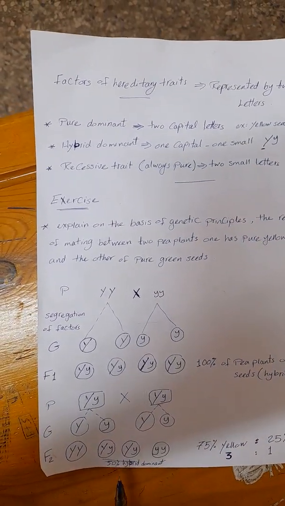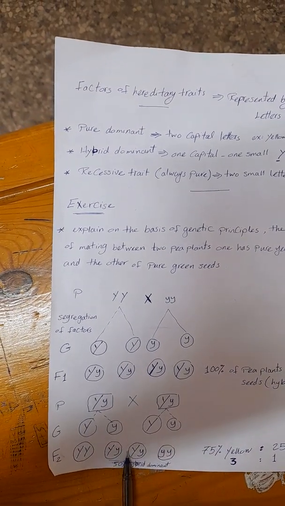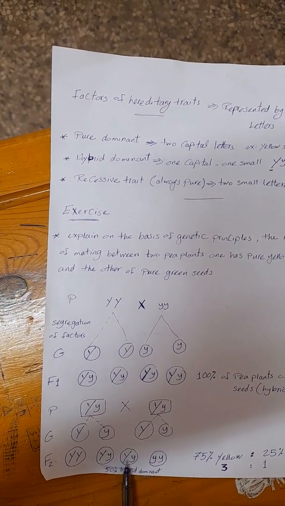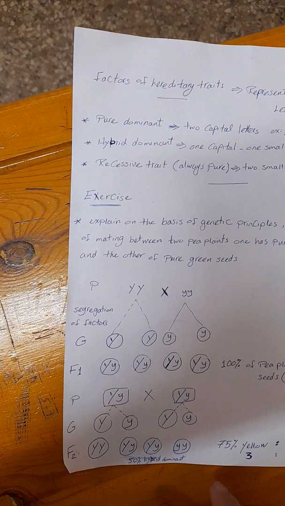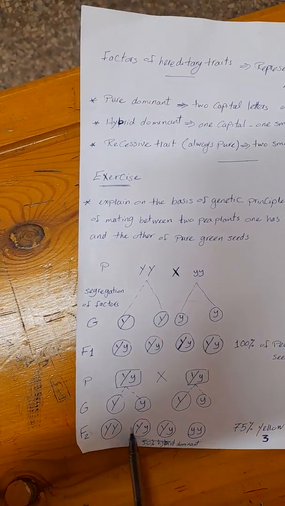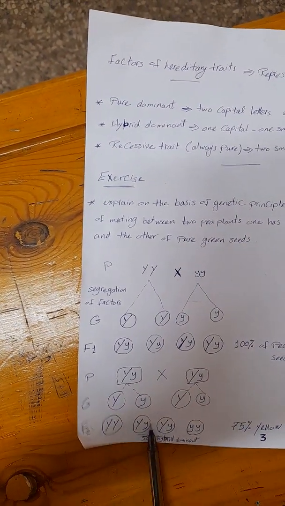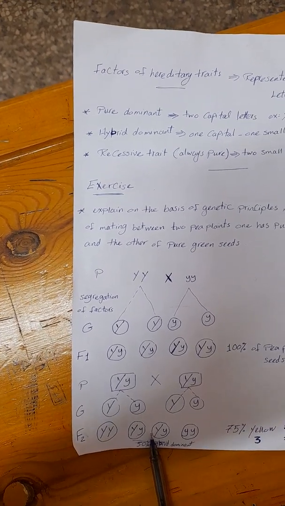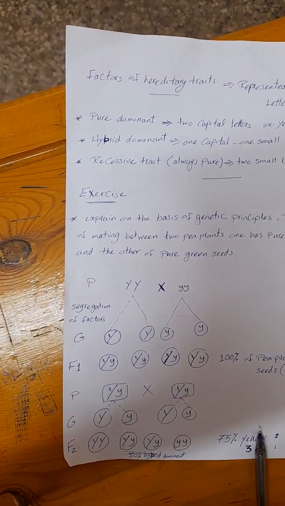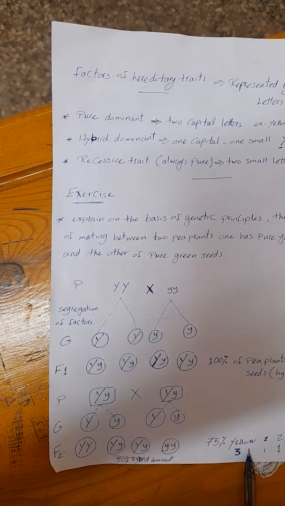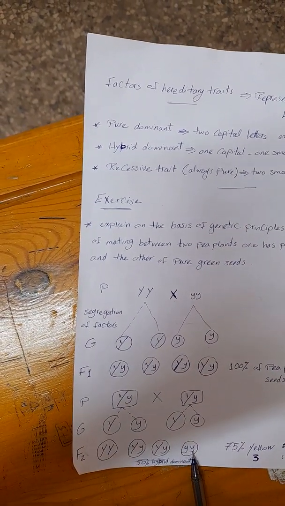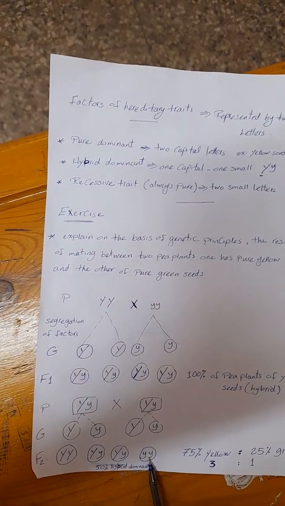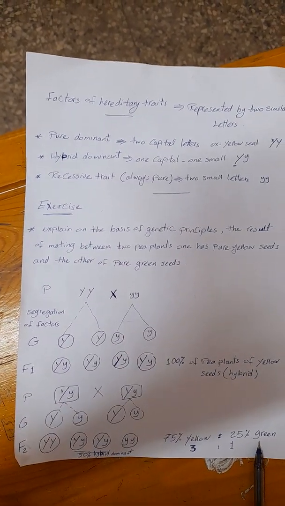As you observe, 50% of the second generation have the dominant hybrid trait, and 75% of the second generation have the dominant trait, which is yellow seeds, and only 25% have the recessive trait, which is green seeds.